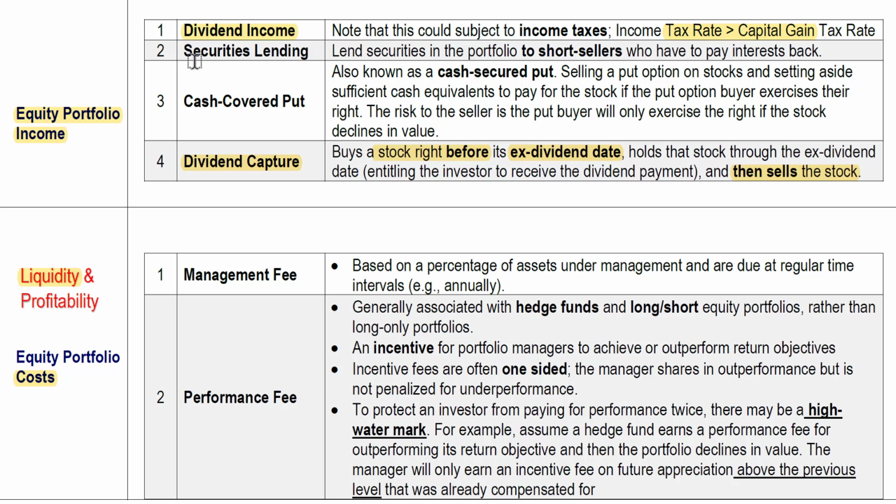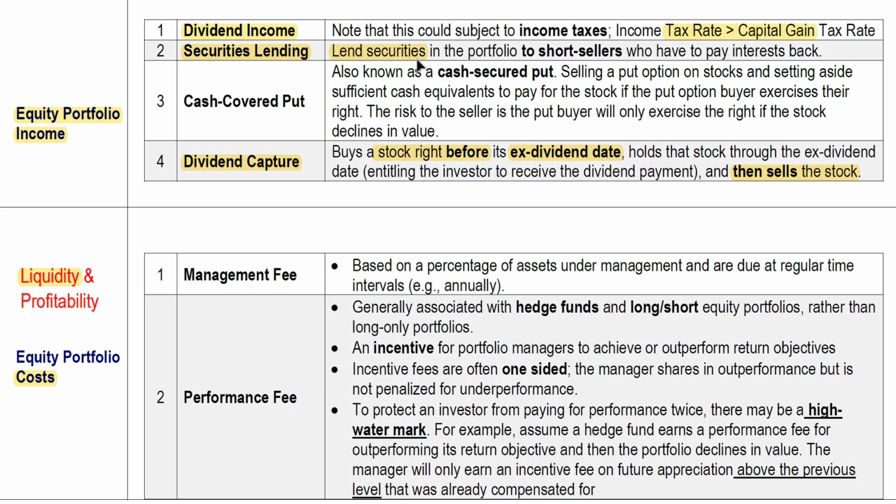Another one is an interesting one. I'd like everybody to pay attention here. It's security lending. If a large fund, maybe with even $1 billion in assets, buys and holds securities, it's able to lend the securities to the broker dealer.